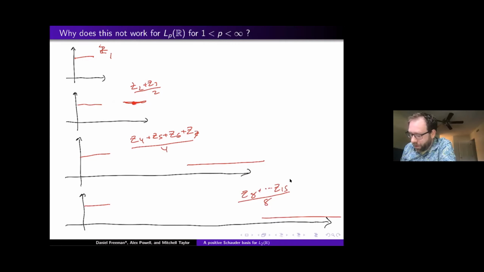So if p is bigger than 1, the leftover part goes weakly to 0. And so what you're going to have is a block sequence which converges weakly to the indicator function on 0 to 1. And so you can't have a block sequence converge weakly to something in the sequence. And so this can't be a basis for p bigger than 1. And so that's the idea about why it doesn't work for p bigger than 1.